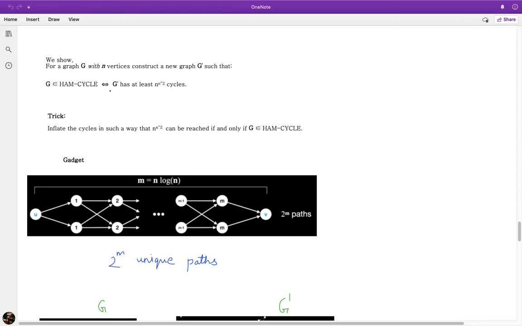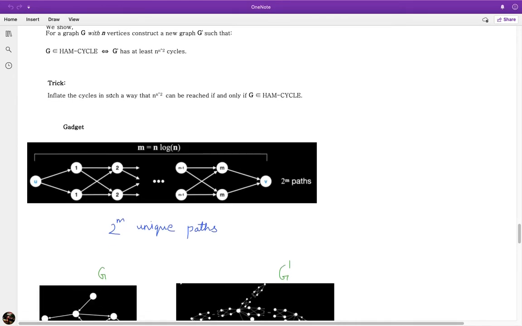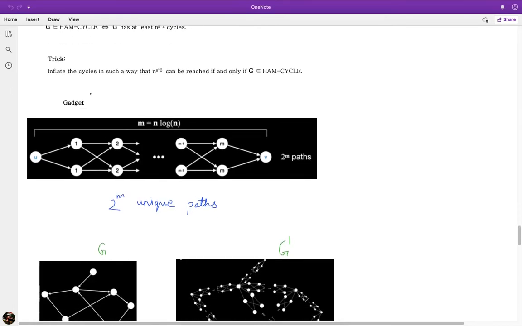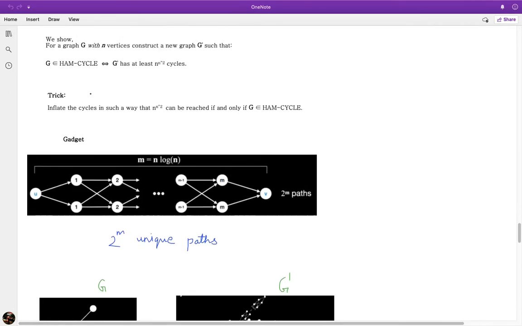is correct if and only if G dash has at least n power n square cycles. So let's see how this is true, and to that let's define this graph G dash.